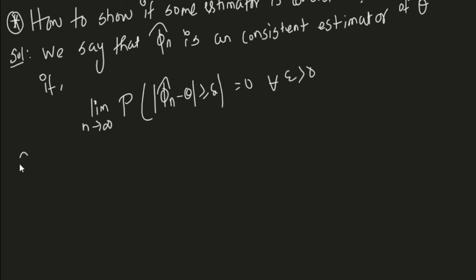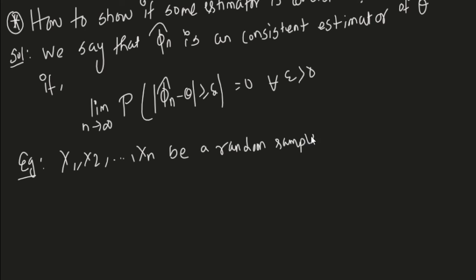Suppose x1, x2, all the way up to xn be a random sample with mean E of xi equals theta and variance of xi equals sigma square.